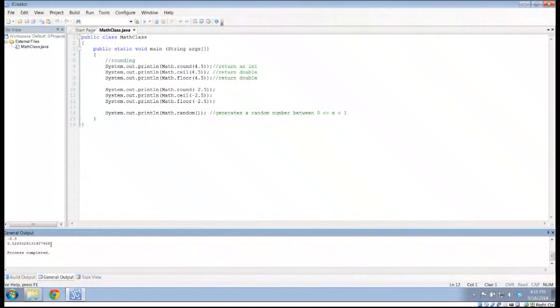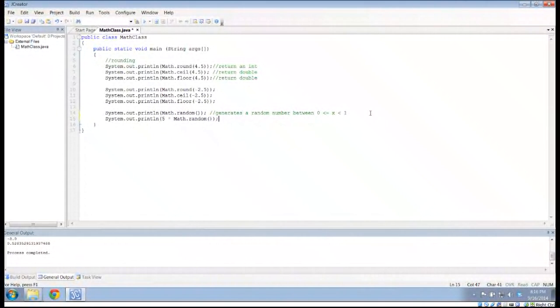Now, the thing is, because this is giving me a value between 0 and 1, if I want to get a number between, say, 0 and 5, then what I really need to do is I need to take 5 times math.random.